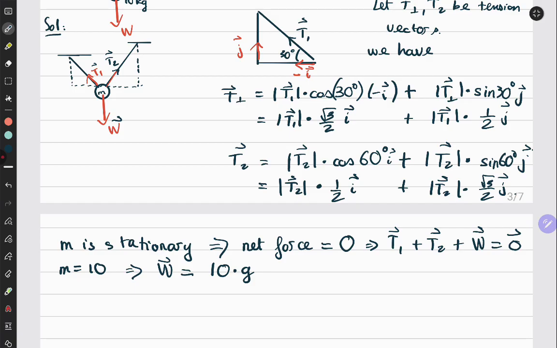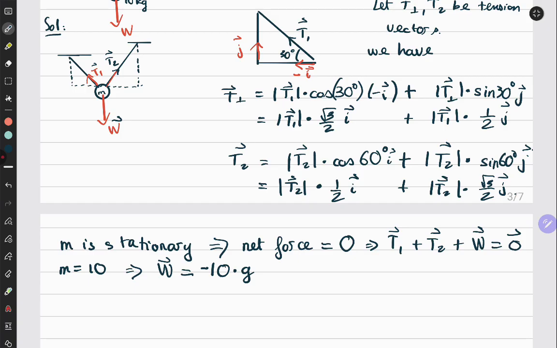If you want to look at the direction, what do you think? Negative 10G. G is 9.8. But that's still a scalar. We need to express that in terms of a vector.